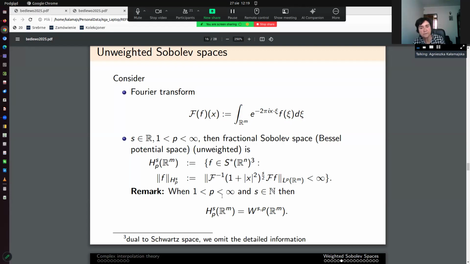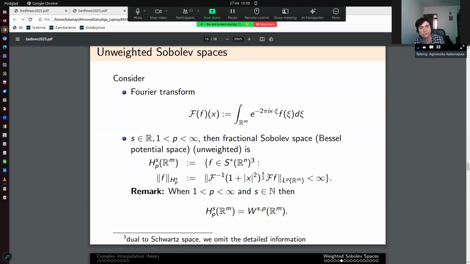And I take that LP norm as the norm. So that is defined via the Fourier transform. We call such a fractional Sobolev space Bessel potential space.